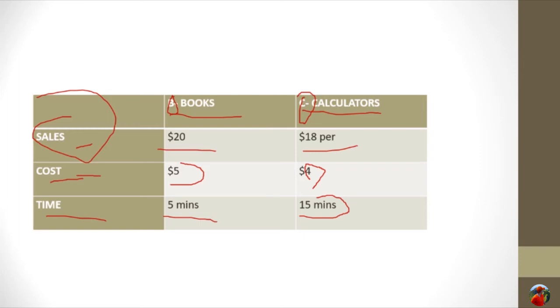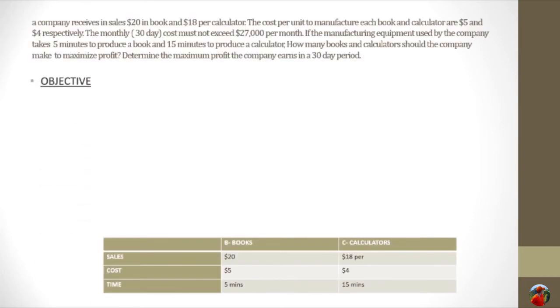So let's start with the objective function. We need to maximize the profit, therefore, we need to maximize the sales produced by this company.